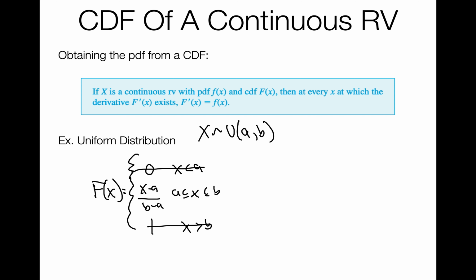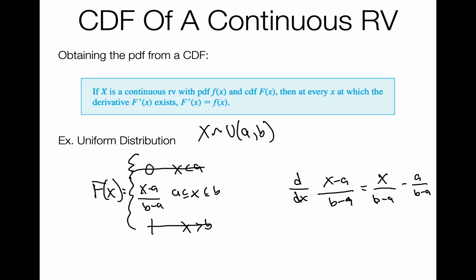To take the derivative with respect to x of (x minus a) over (b minus a), I should split up this fraction into x over (b minus a) minus a over (b minus a).